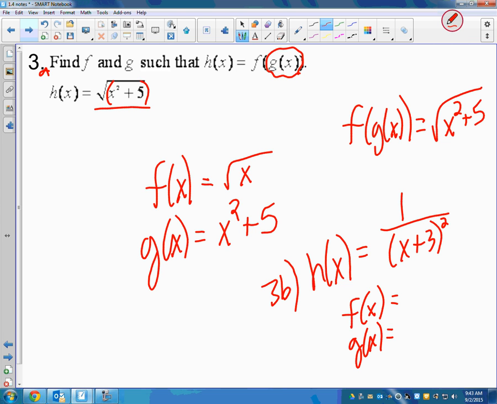Anybody see anything on this one? And you can always check it. That's always the good thing that you can check on this.